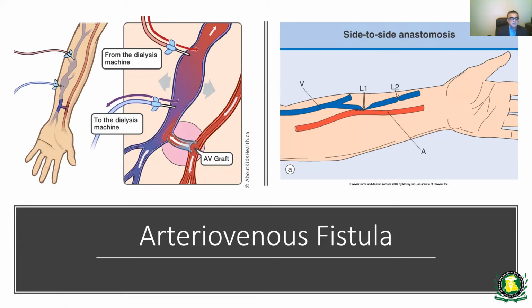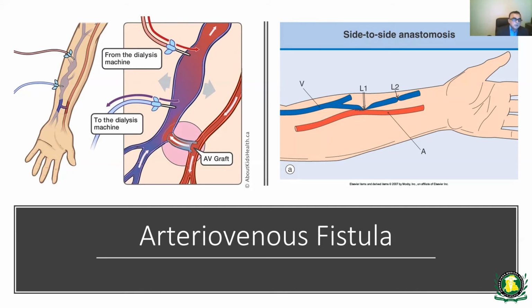But if patients have small veins, then other types of access can also be done, like AV graft. Commonly used fistulas are radial artery to cephalic vein, or brachial artery to cephalic vein.